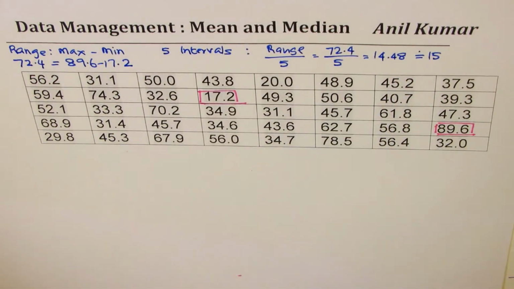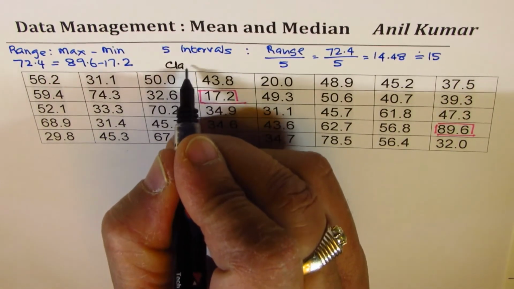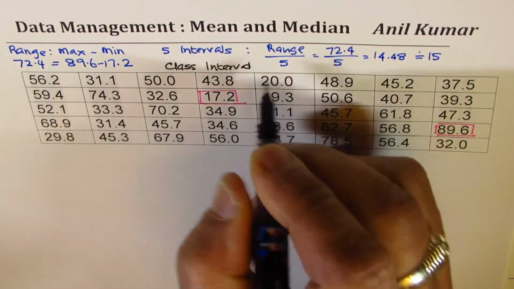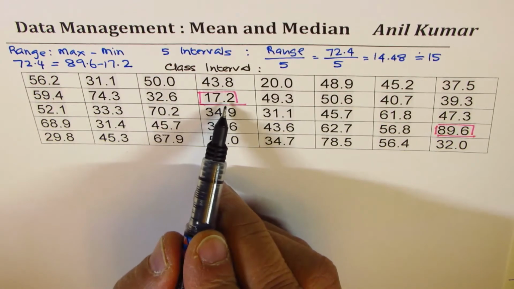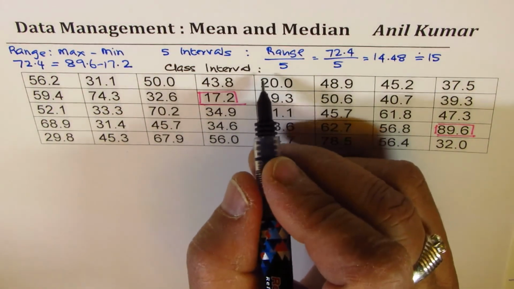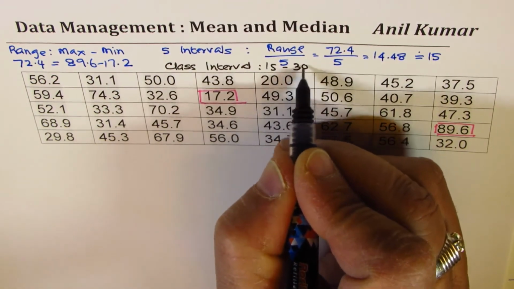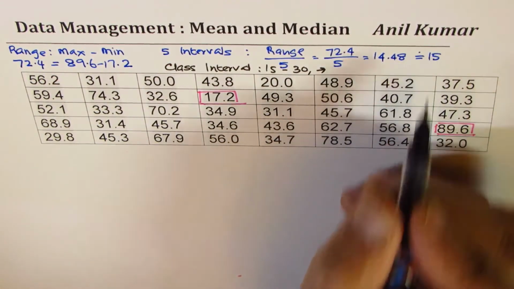So what we have got here is class interval, right? Now since 17.2 is the lowest, so we should actually have 15 to 30, right? Like this. So class interval of 15.